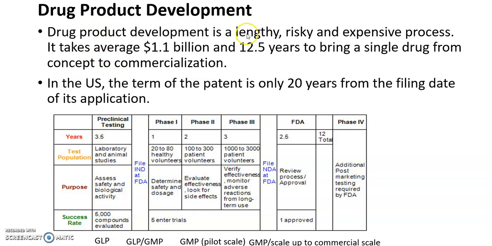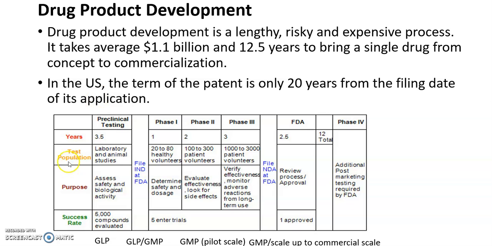It's a long time and lots of money, right? You can also get your idea patented. In the US, the patent is good for only about 20 years. So 20 minus 12.5 years, you have about 7.5 years to get your money back. That's why drug prices are high.